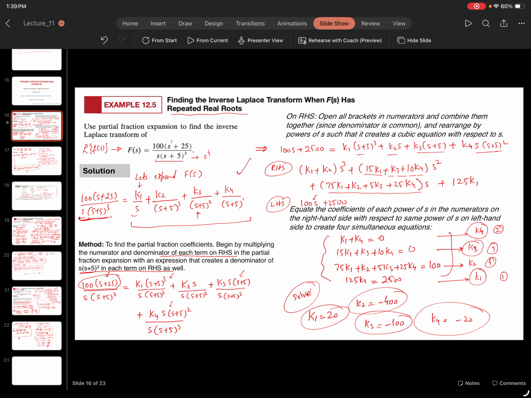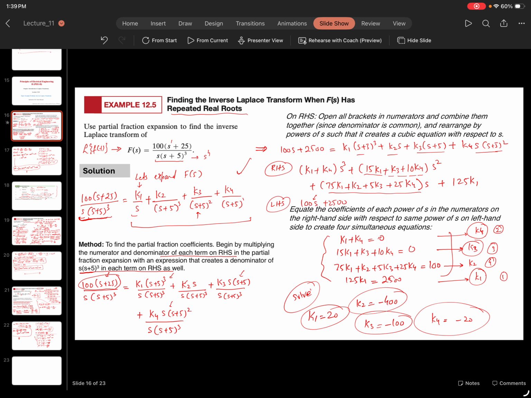Then we can expand them into partial fractions, solve those constants, find a simplified version of the Laplace transform F(s), and then find the inverse transform.